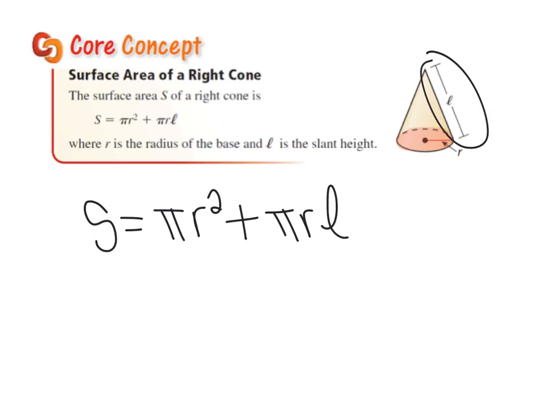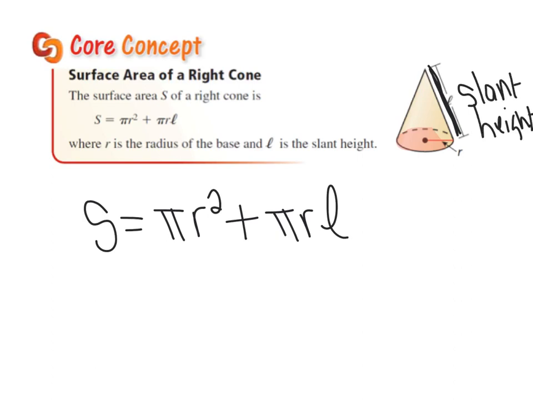So let me erase what I put here for just a second. What is labeled as L, like a cursive L right here, is the slant height. And when we get into volume in just a little bit, this going from the top straight down perpendicular to the bottom, that is the regular old height.